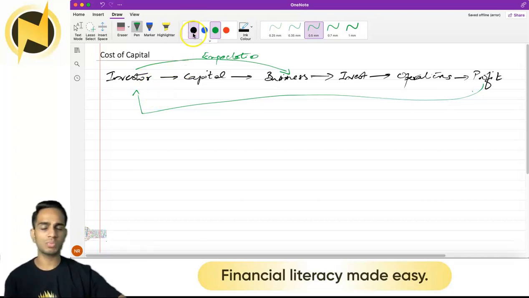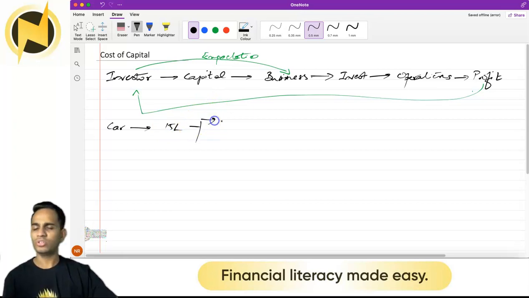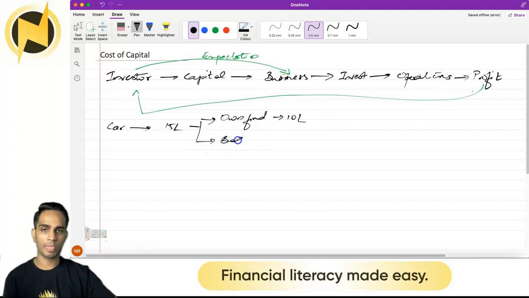Now, I'll give you a much simpler explanation of this whole concept. Say you want to buy a car. Say this car costs 15 lakh rupees. You have your own fund of say 10 lakhs. Now the balance, that is 5 lakhs, you are taking as a loan.